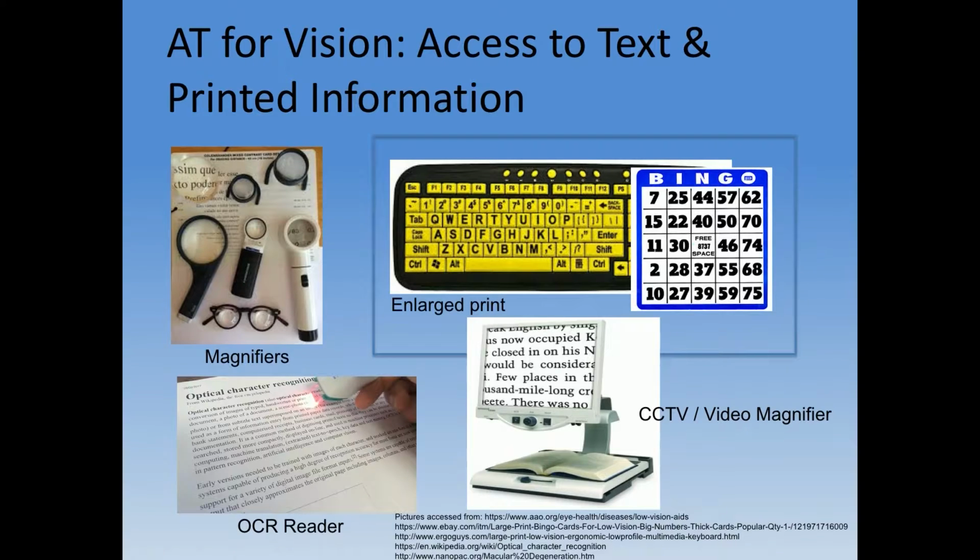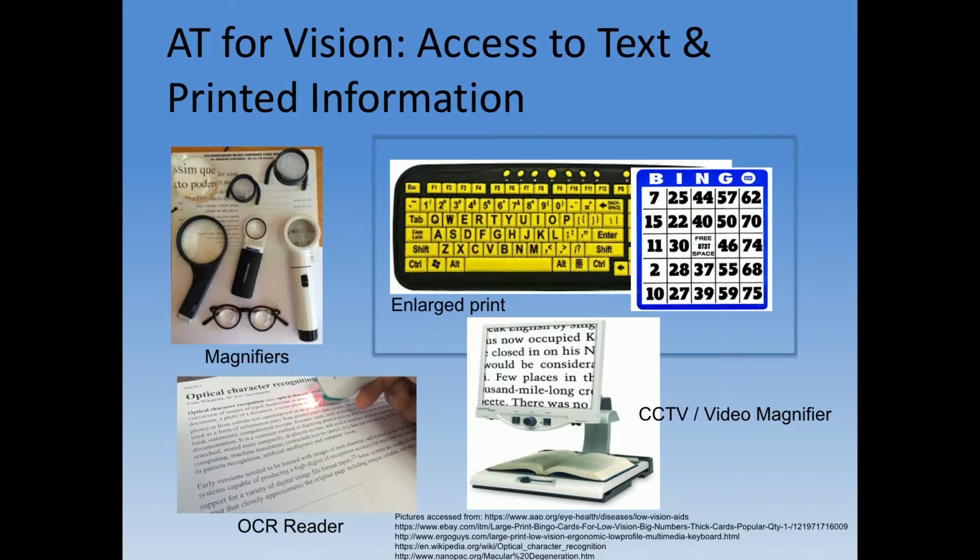For accessing text and printed information, you can use different magnifiers, and it's not easily said and done. The challenge is to really identify the right level of magnification you need based on your residual vision. You may enlarge what you want to read, or you can enlarge different objects and interfaces, so that will also help.